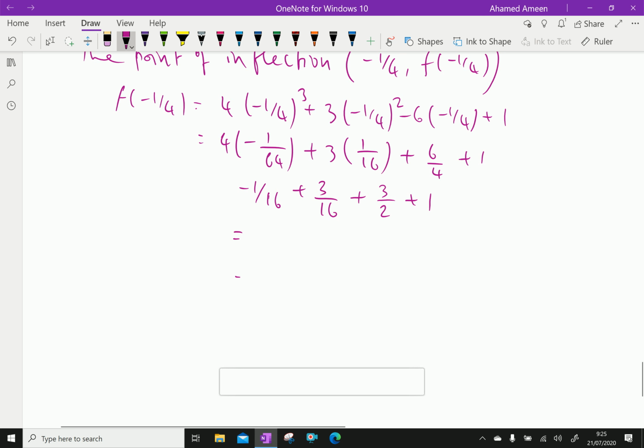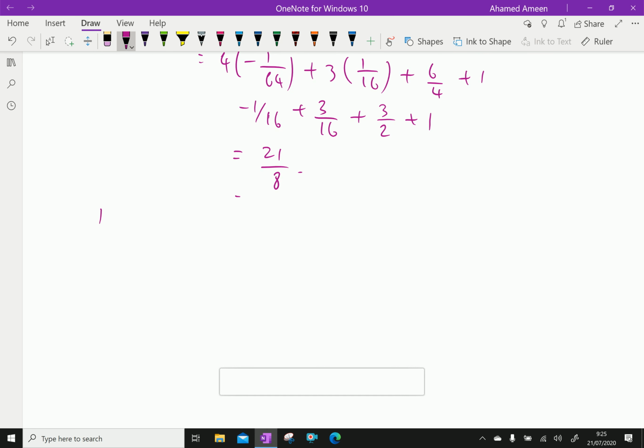The final value is 21 over 8. Therefore, the point of inflection is minus 1 by 4, 21 by 8.